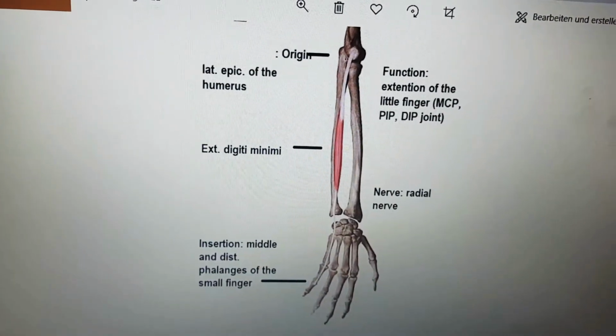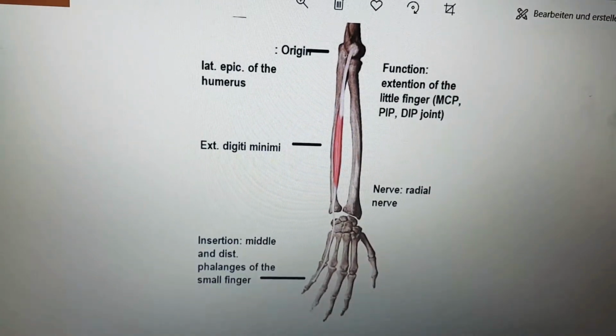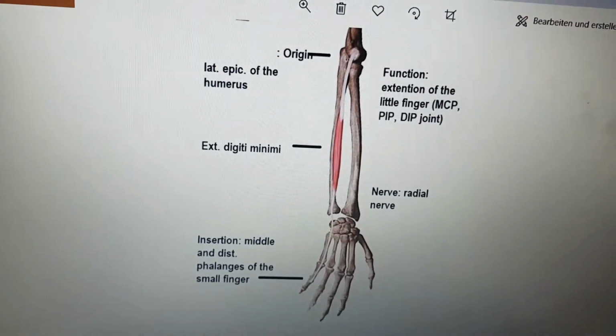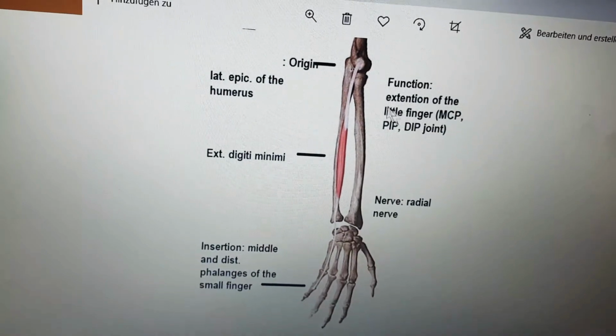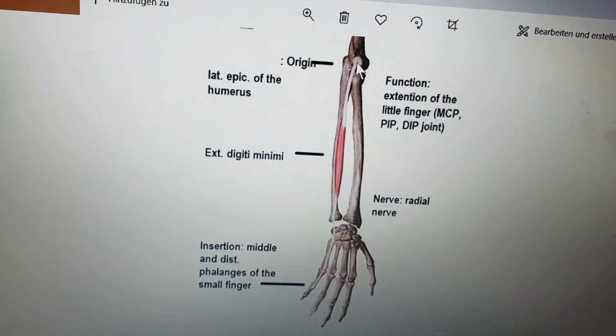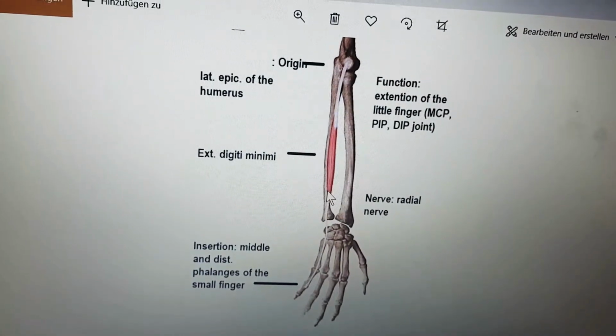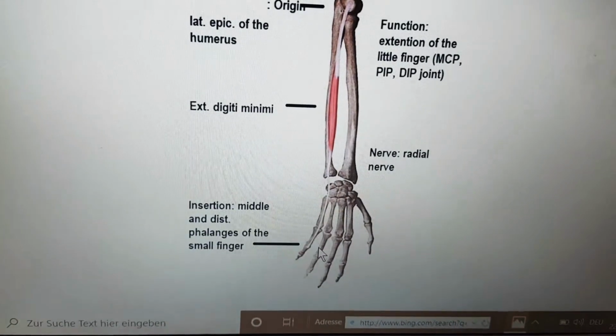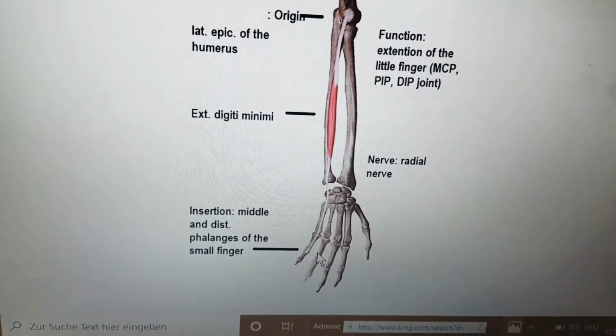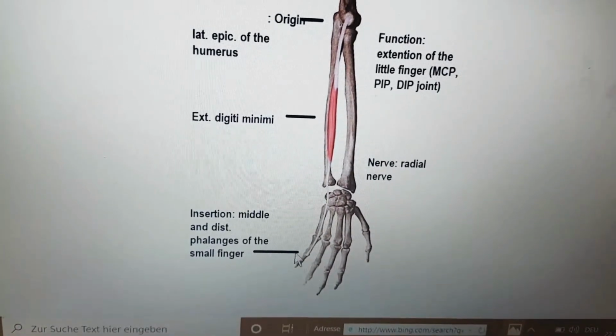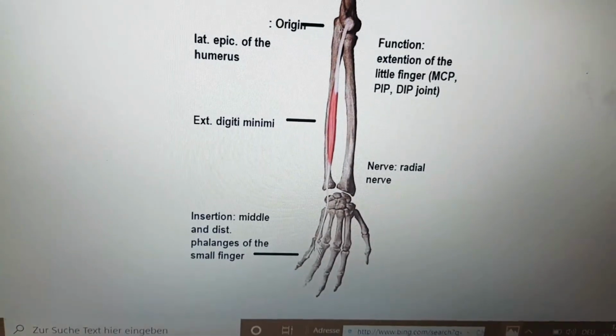The next muscle in this group is extensor digiti minimi muscle. The origin of this muscle is here, arising from the lateral epicondyle of the humerus, and it comes in this way and is inserted in the middle and distal phalanx of the small finger.